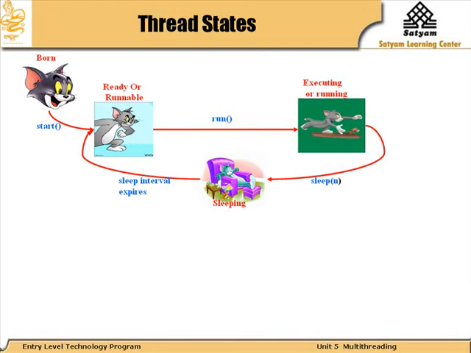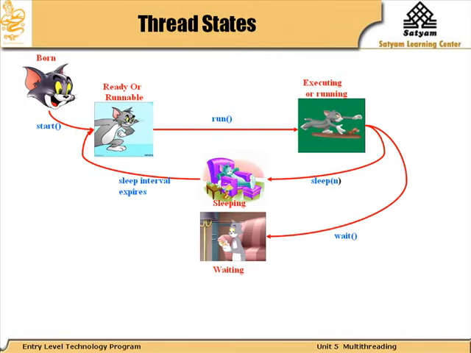Now let's put TomThread on an indefinite wait by calling the wait method. Here is Tom sadly looking at his clock. Now let's not make him wait longer. You can break his wait by calling the notify method. Here goes Tom once again to the ready state.